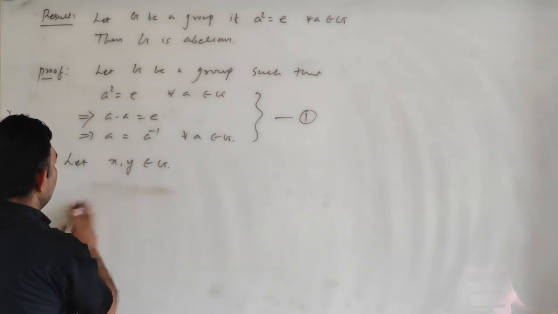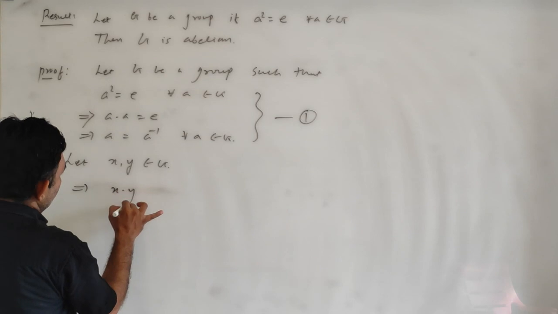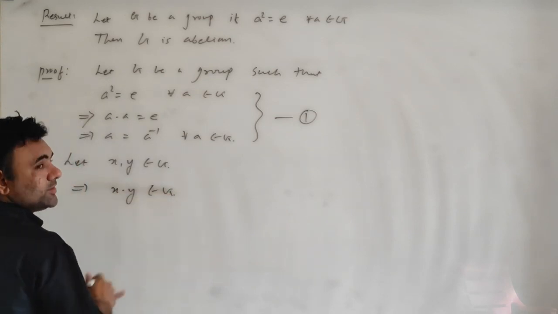Let me write it this way. xy belongs to G, which means x into y is also in the group, because the product is also in the group.